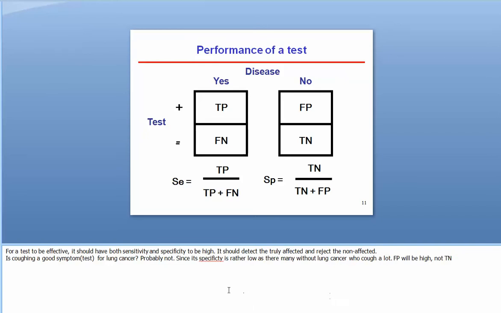It may not be a good measure, because there will be many without lung cancer who cough quite a lot. They don't have lung cancer, but they will be coughing. The test is actually coughing, right? So if this quantity is very high, the specificity is going to be low. Okay, all right.